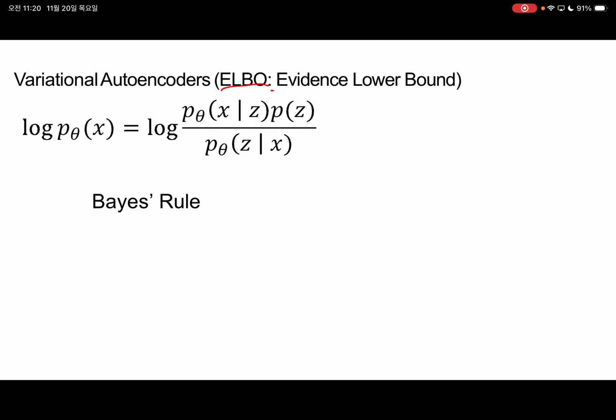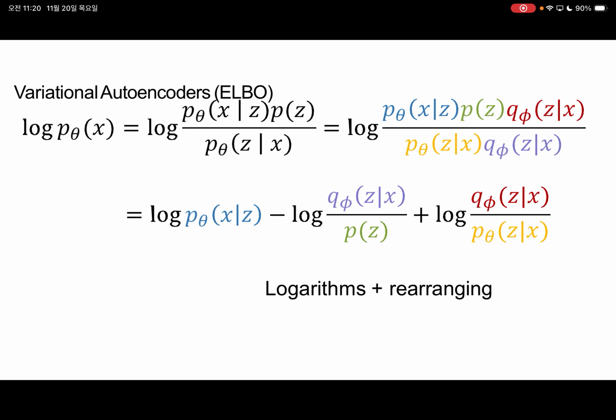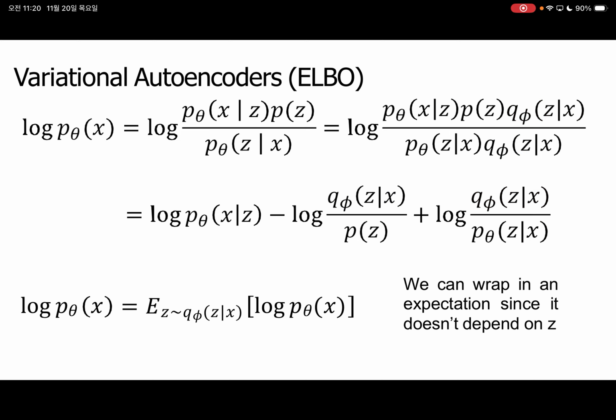So we get back to Bayesian rule and then do some simple math. P(X) is independent of Z, right?